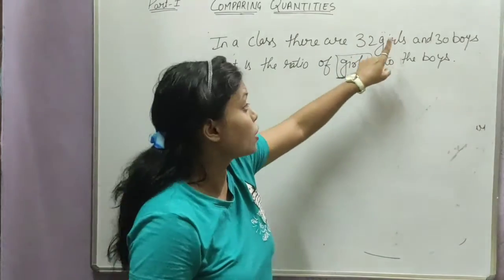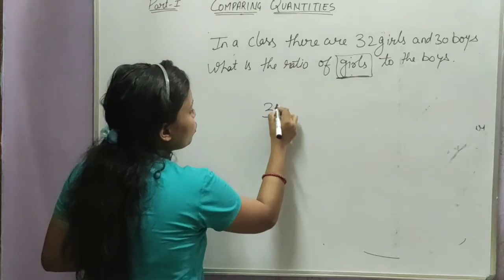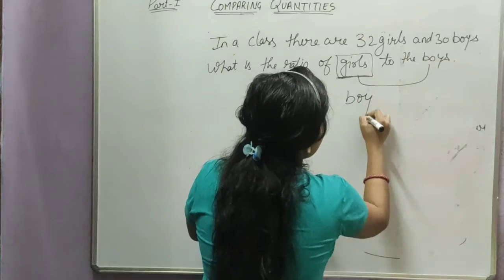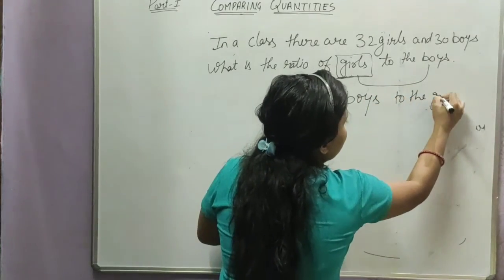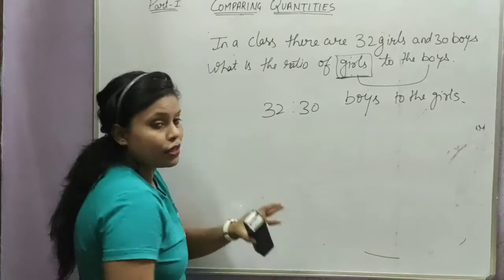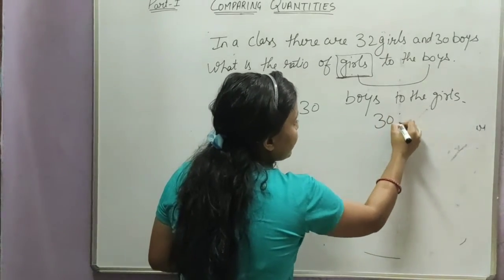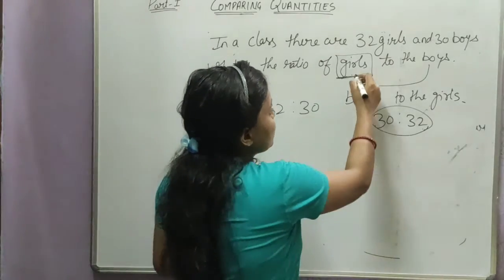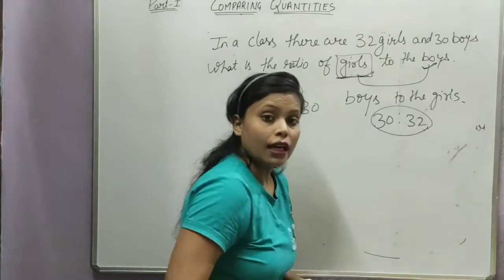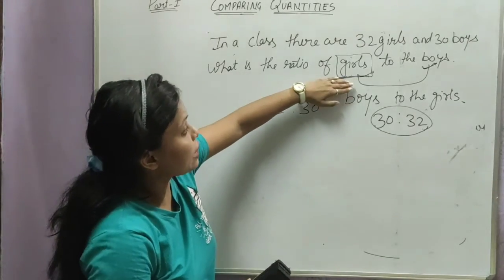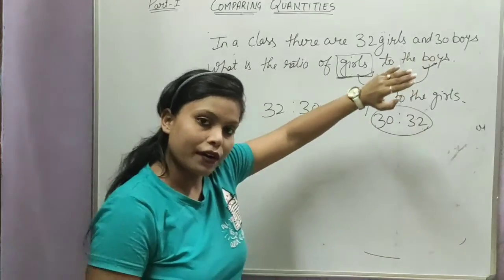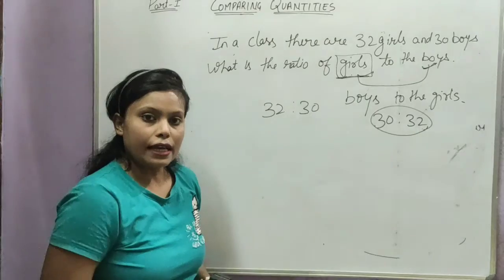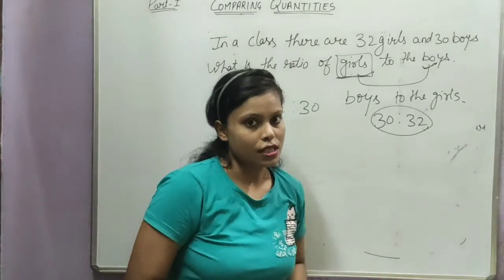So we will write girls first. 32 ratio 30. But if this sentence is given as boys to the girls, what will we write? We will write 30 ratio 32. Got it? That means we have to follow the sentence for the ratio. We have to follow the sequence which is given in the question. Alright. So this was the concept about comparing quantities, and the first exercise, that is 8.1, is related to this concept.